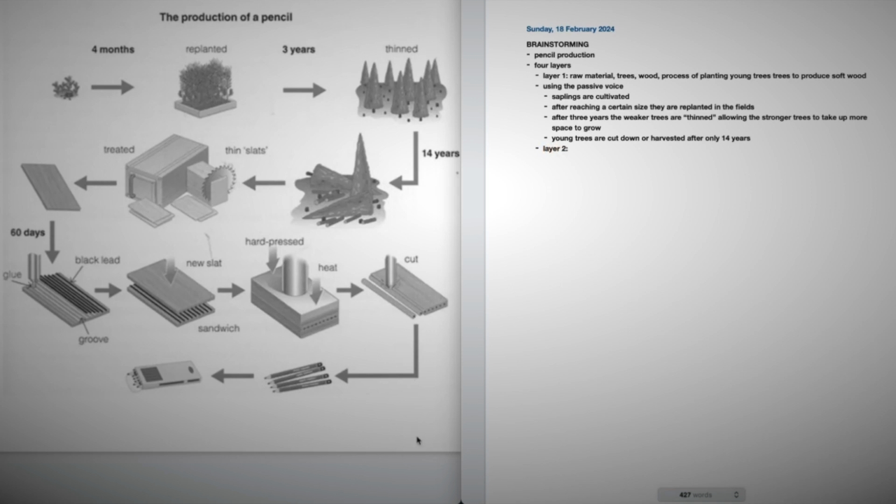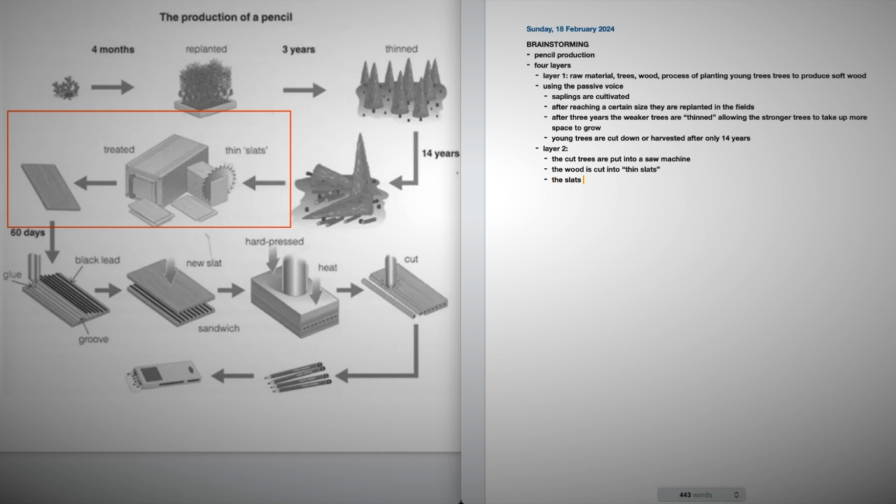What's taking place here? There's 2 processes happening here. The cut wood, the cut trees are put into a saw machine, and the wood is cut into thin slats.